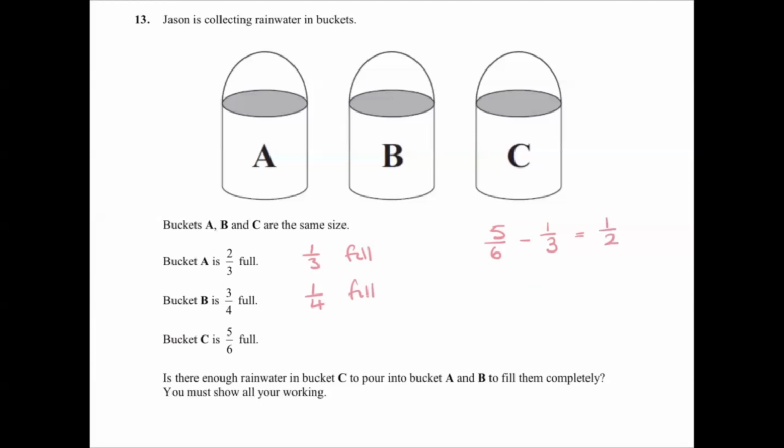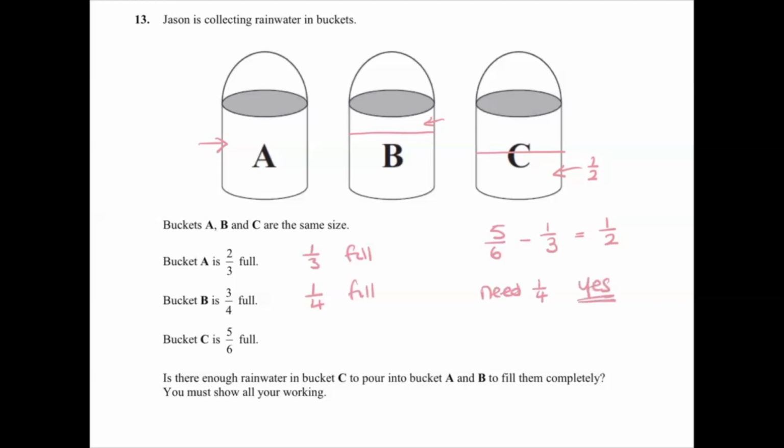So there's still 1/2 left here when I pour some out to fill A. B is 3/4 full. I only need 1/4. I have 1/2. I need 1/4.